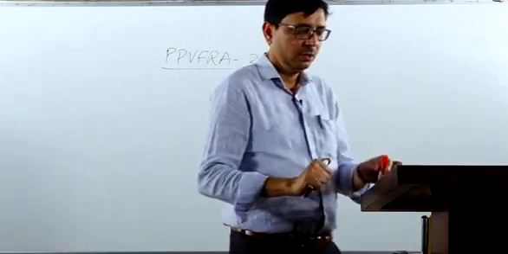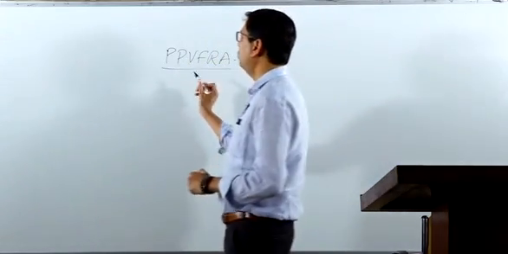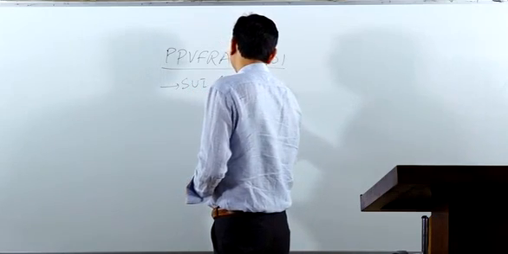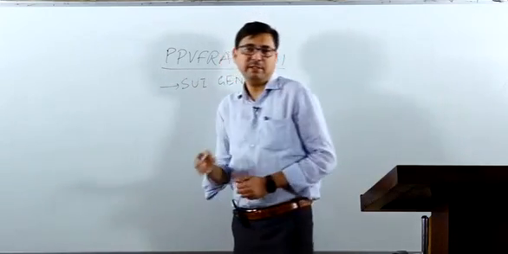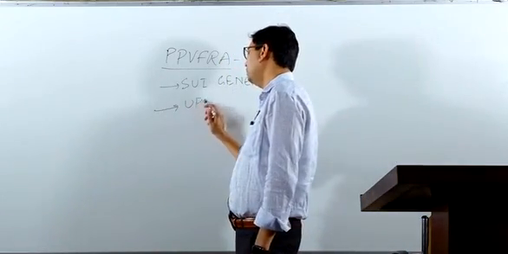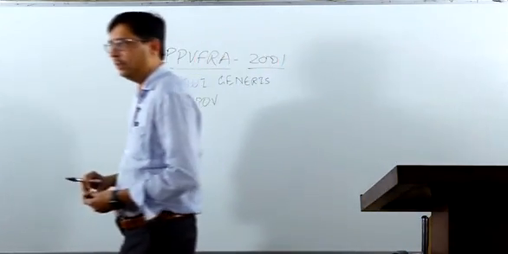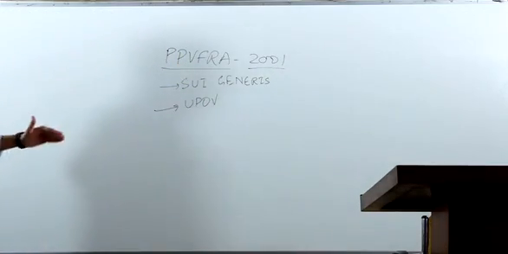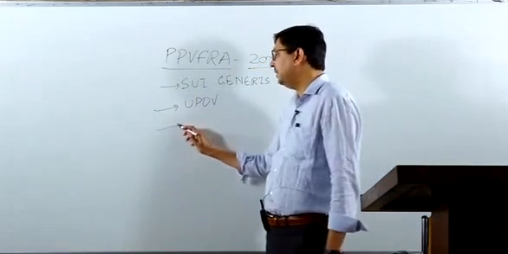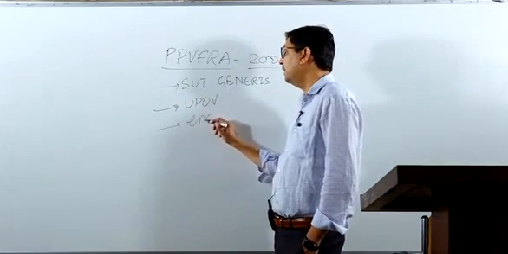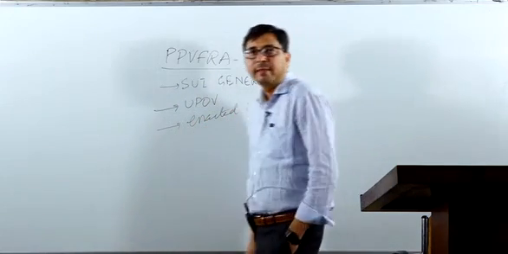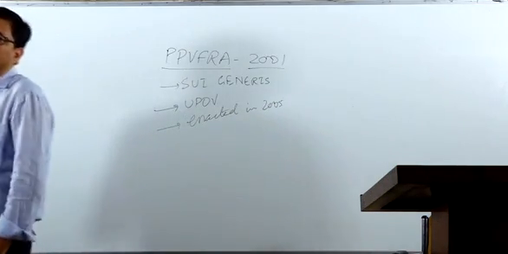This law was passed by using the sui generis mechanism, which is a part of WTO. It is compliant with UPOV, International Union for the Protection of Plant Varieties. So it is compliant with sui generis and UPOV both. Okay. It was passed in 2001, enacted in 2005. What is sui generis?